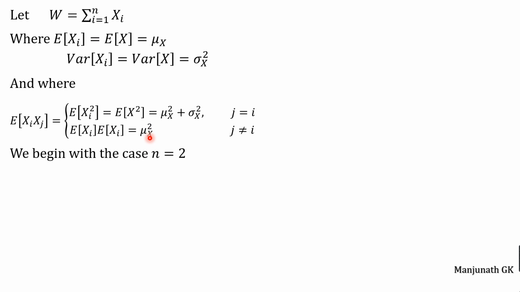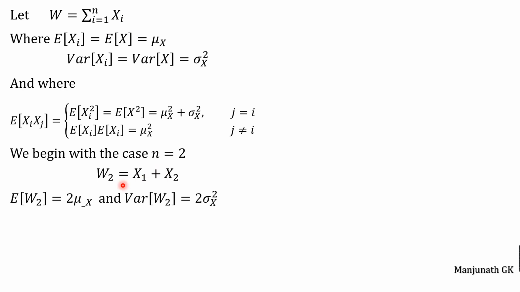Let us limit our discussion when n is equal to 2. What happens here? If n is equal to 2, only two independent random variables are considered here. The maximum value of i is 2 only. Then i equals 1 will be x1, i equals 2 will be x2. At that point, what would be the value of the expectation of w2?